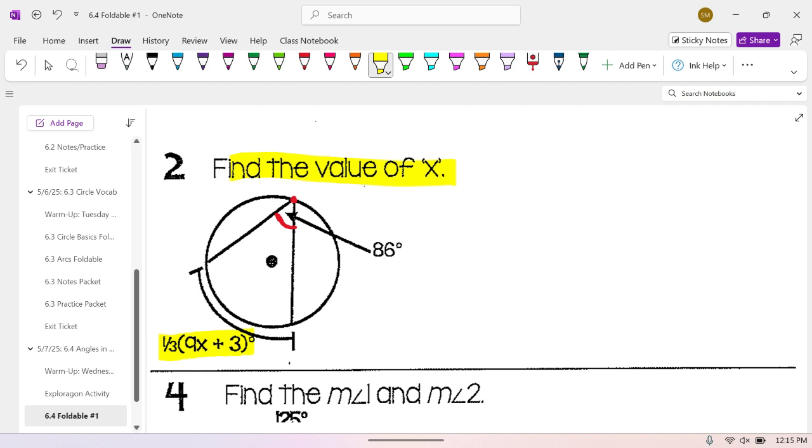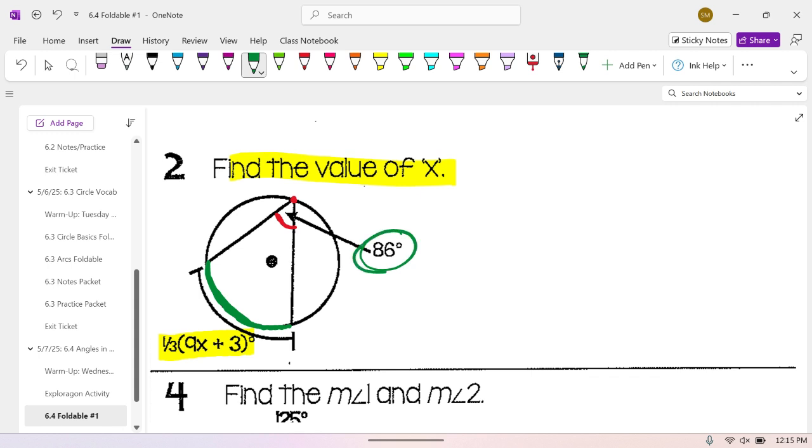So first off, could we figure out what this arc measure is? Do we have enough information to figure out what this arc measure is? What is it? Nope, that's the angle measure. 172. How'd you get 172, Landon? Right.